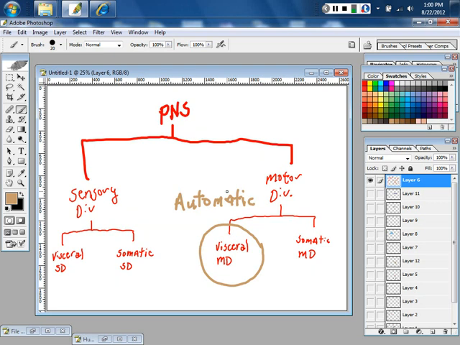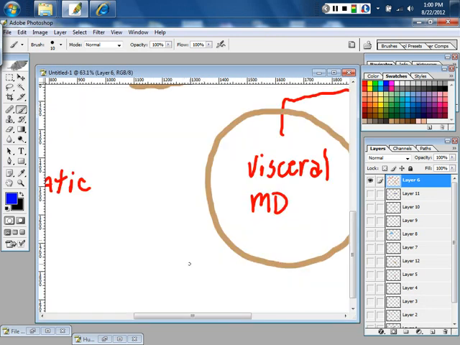I tried to give you a hint when I said automatic. It's auto something, but no, not autoimmune. Autonomic. It's the autonomic nervous system.